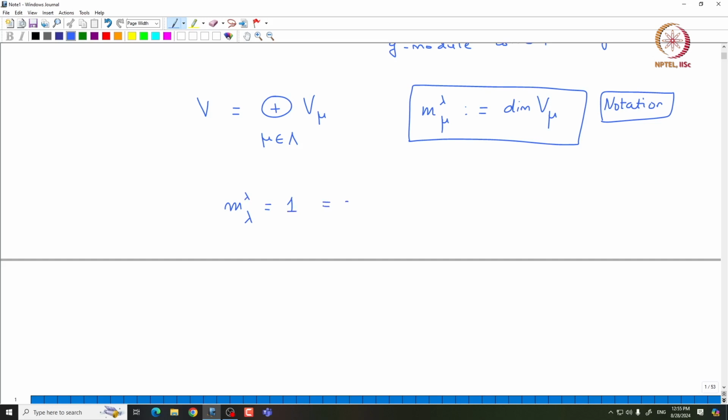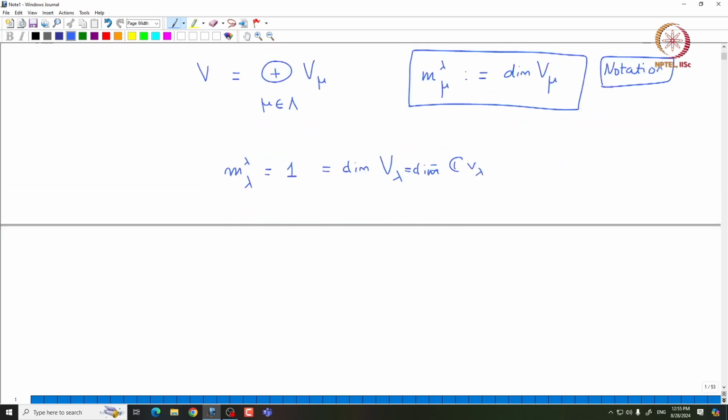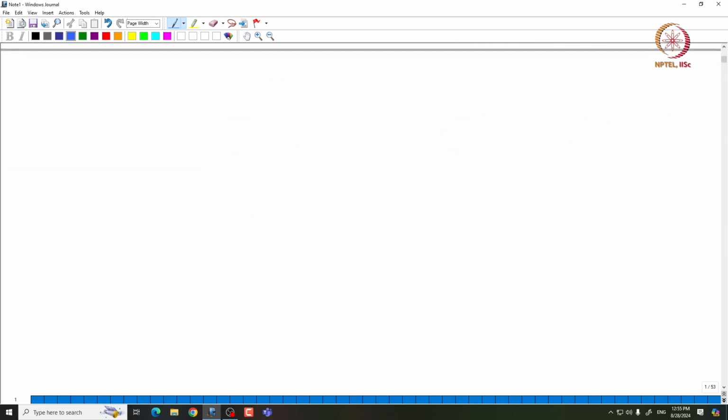This is the dimension of the space spanned by the highest weight vector V lambda, so the highest weight space is one dimensional. Now with this notation, let us write down the formula.